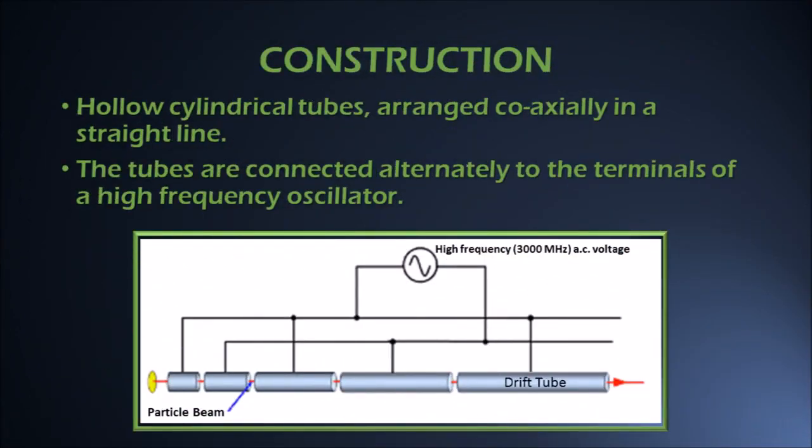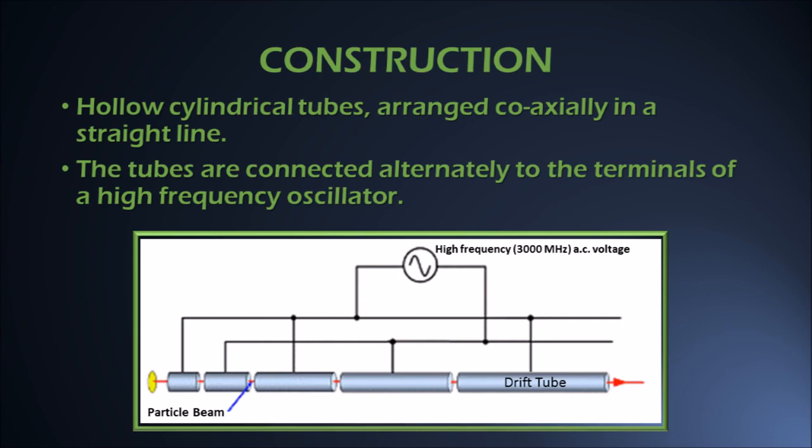Now let us come to construction of linear accelerator. It consists of a fixed number of hollow cylindrical tubes which are arranged coaxially in a straight line. Starting from the source of particles, length of the cylindrical tubes is logically kept in the increasing order.